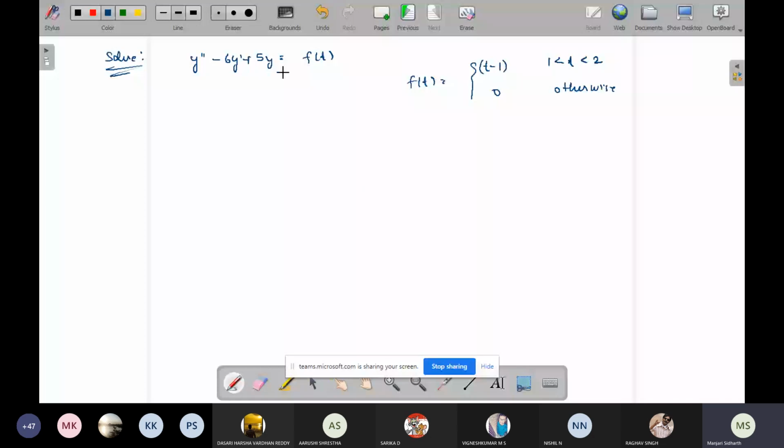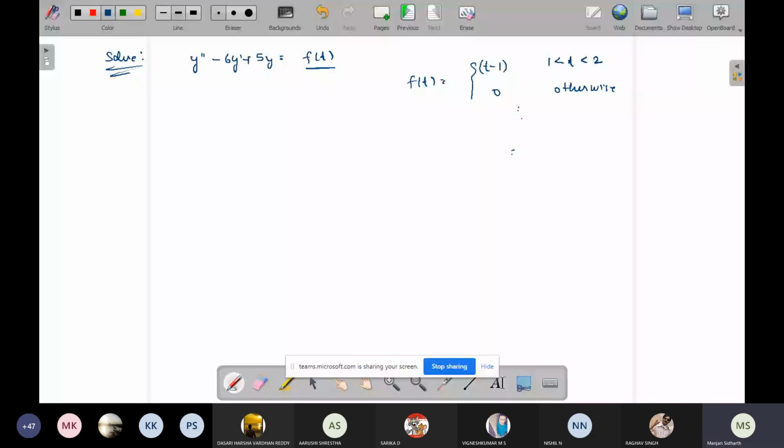When you take the Laplace transform of ft, either you can use the Heaviside function to write it in component form, in addition form, or simply you can use the definition of Laplace transform, 0 to infinity. So first 0 to 1, the value is 0, then 1 to 2 this value, then 2 to infinity, 0.